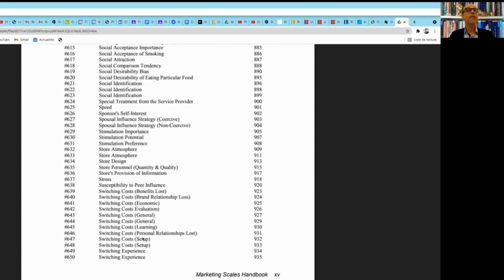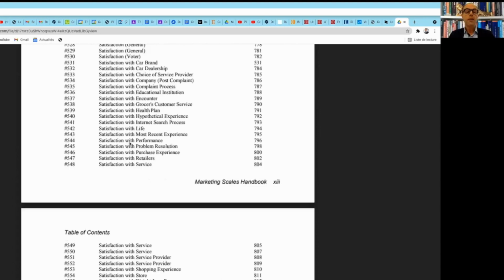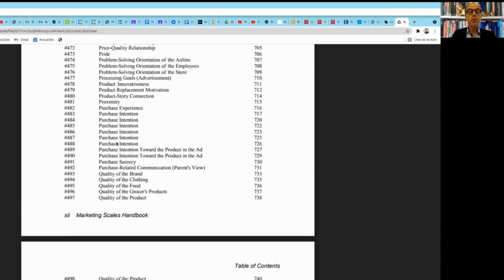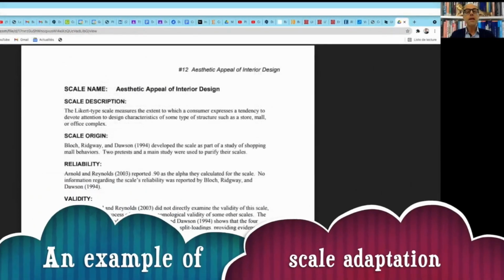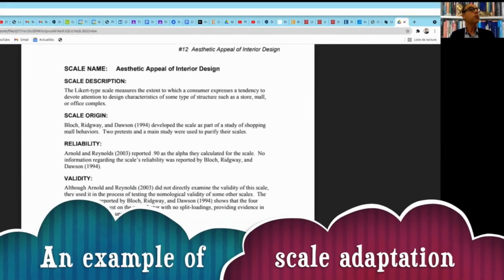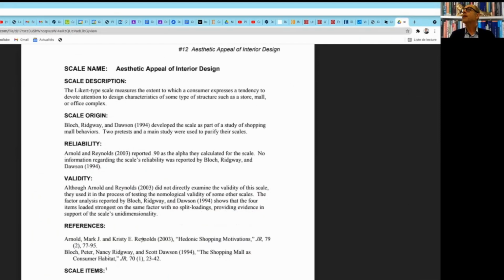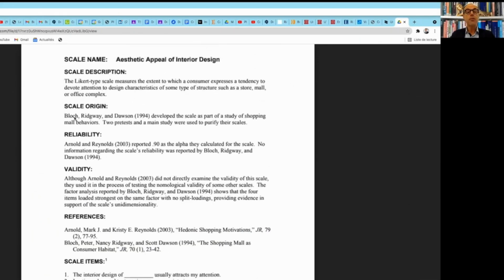If I'm used to working with Android, then there are switching costs to switch to iOS or vice versa. Satisfaction, loyalty, purchase intentions. And so we have actually measurement instruments for most of the established concepts we have in marketing. For example, aesthetic appeal, about chatbot adoption. So we measured the aesthetic appeal of a chatbot. You have the scale origin.